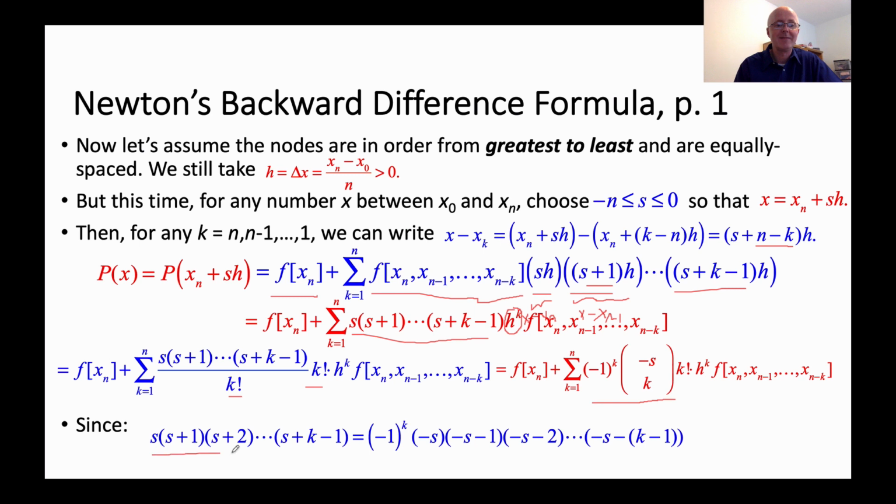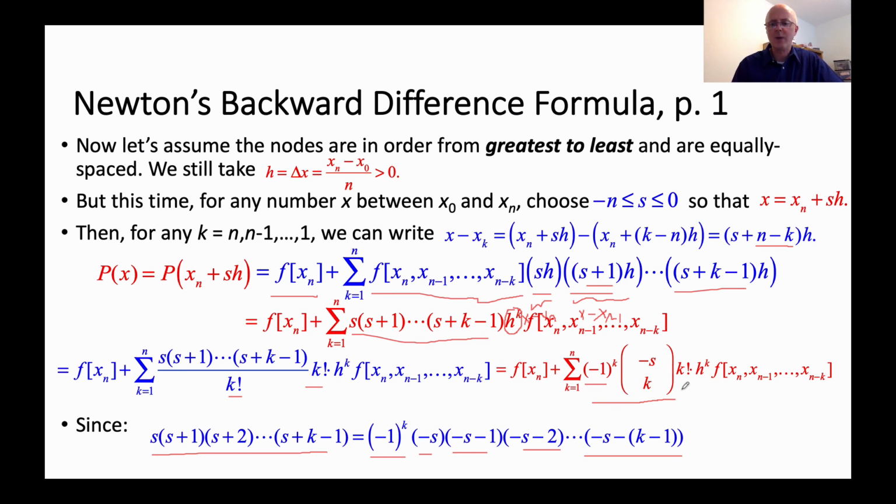Because you can factor a negative sign out of each of those if you like, and there's k of them, so you get a negative 1 to the k. And what's left over, you'd have a negative s and a negative s minus 1 and a negative s minus 2, etc. through negative s minus, in parentheses, k minus 1. So you'd have this negative 1 to the k times this binomial coefficient. Here you do keep subtracting 1 each time. Okay, so through a little trickery, you can bring the binomial coefficient into play.